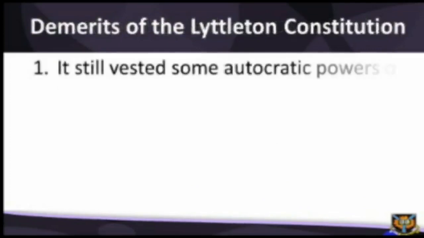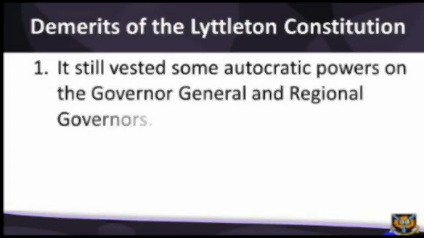The demerits of the Littleton Constitution. In 1954, the Littleton Constitution was regarded as a milestone in the constitutional history of Nigeria. Aripo Okoye described it as the kernel of all further constitutional changes which culminated in the establishment of the Federal Republic of Nigeria in October 1963.